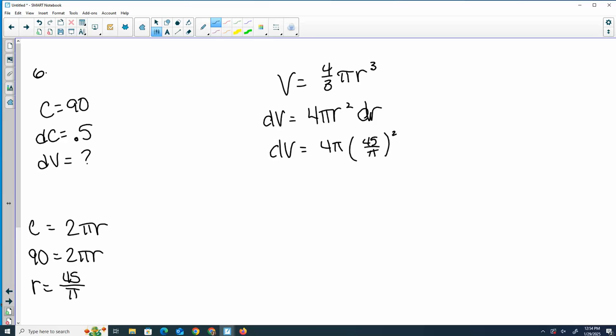We need dr. So that's where the differential for circumference comes in. The differential for C is dC equals 2 pi dr. We know that dC is 0.5. 0.5 divided by 2 would be 0.25 divided by pi, or 1 over 4 pi.